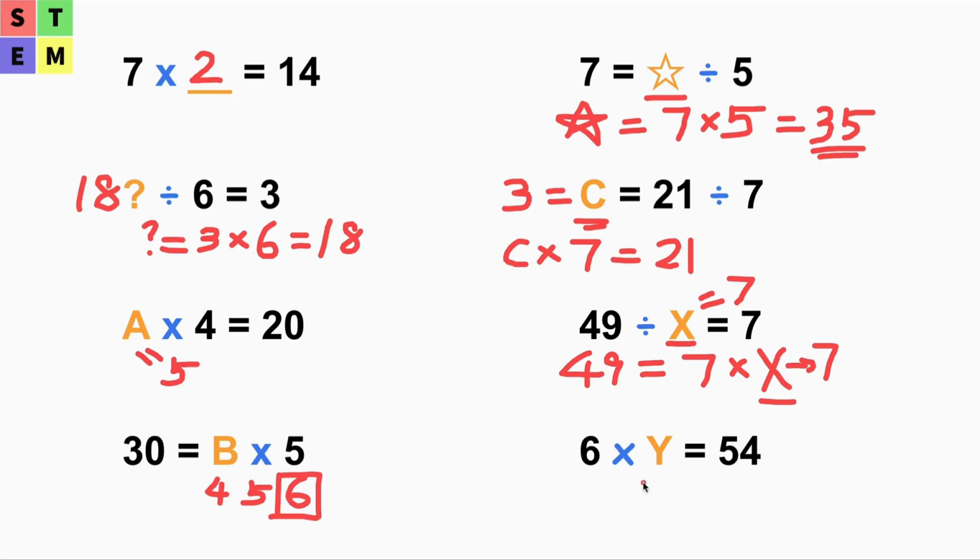Then let's try 9. 6 times 9 equals 54. So Y here is actually 9. 6 times 9 equals 54.